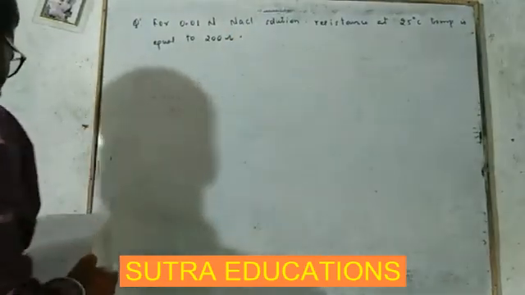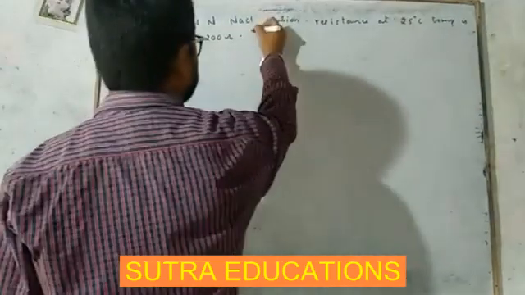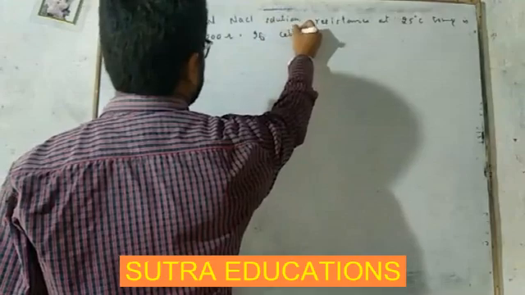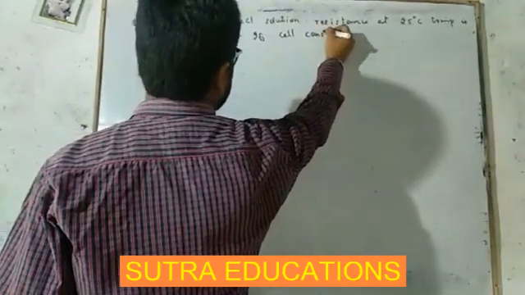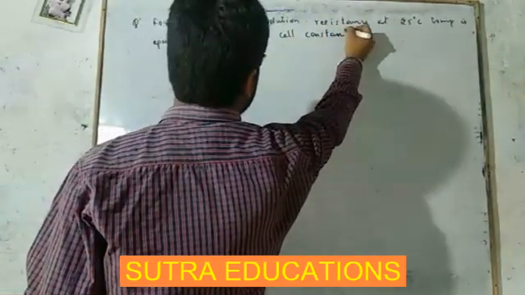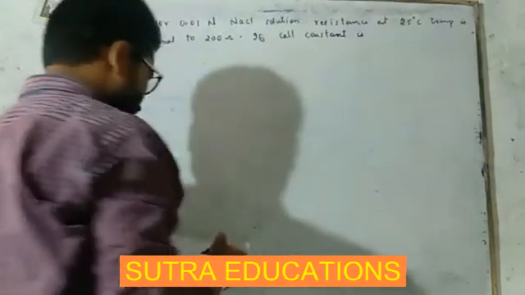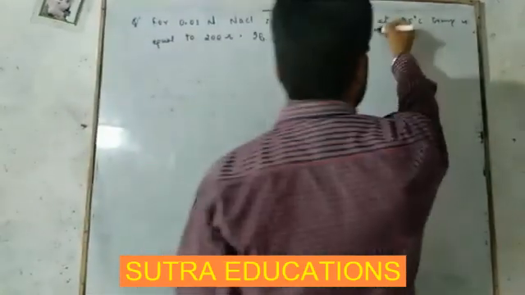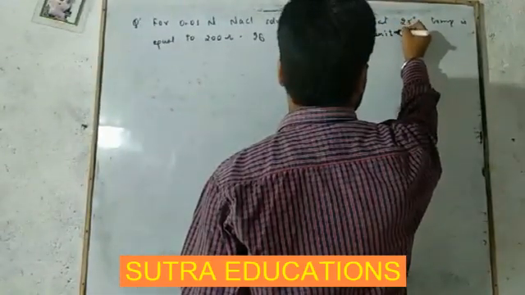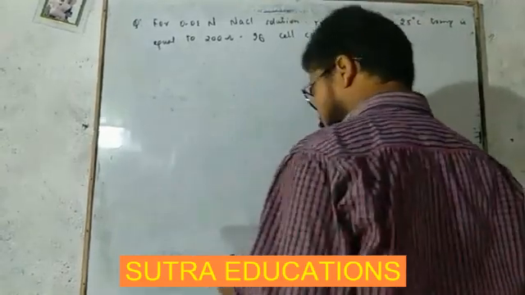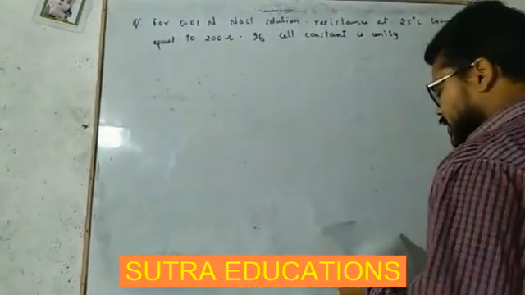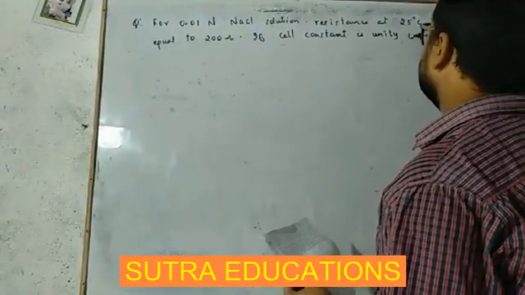If the cell constant is unity, calculate the equivalent conductance.